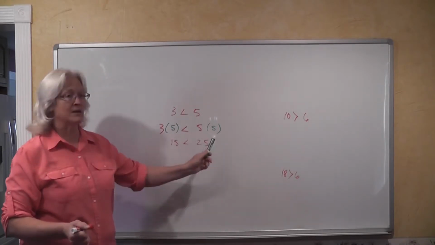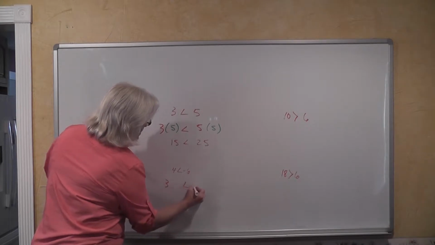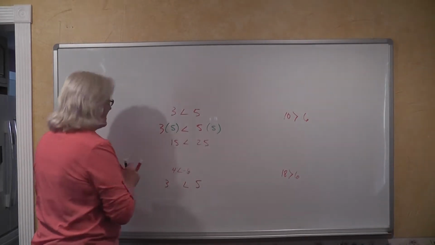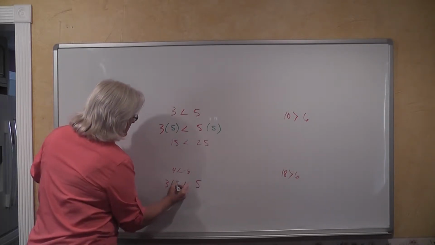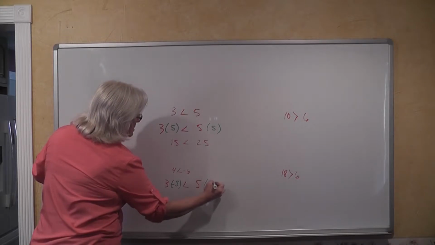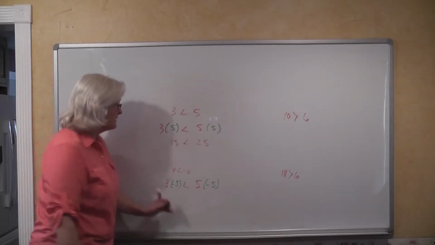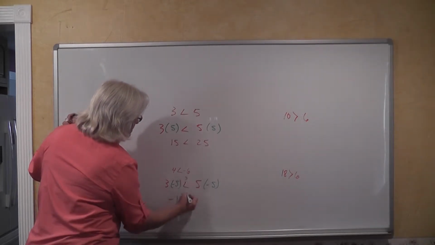Well, what if instead of multiplying by a positive 5, we chose to multiply both sides of this inequality by a negative number? Is this still going to work? We're going to multiply both sides of this inequality by negative 5. And we now have negative 15.